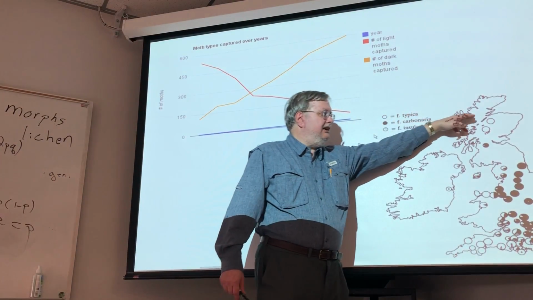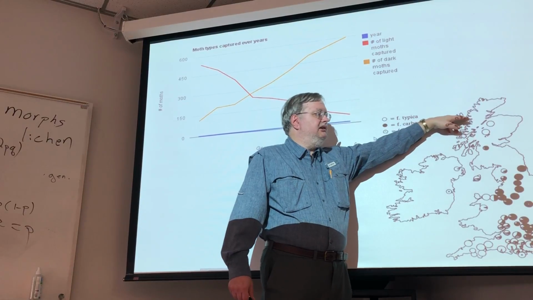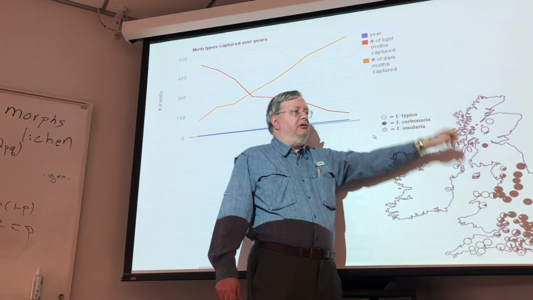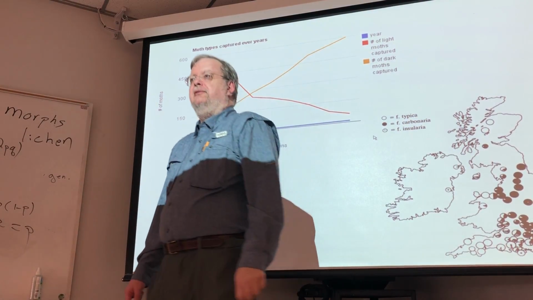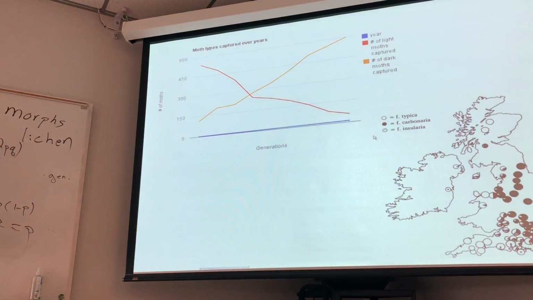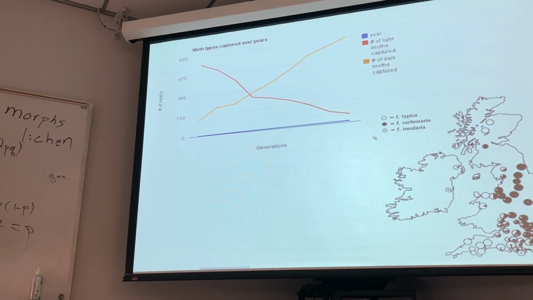So why don't we see that up here in some of these other areas? Although there are people there, and yeah, they had coal furnaces, you don't have the industrialization, the big factories and all that sort of thing pumping out the coal dust. So there's not nearly as much coal, and so in those areas, the change didn't occur.